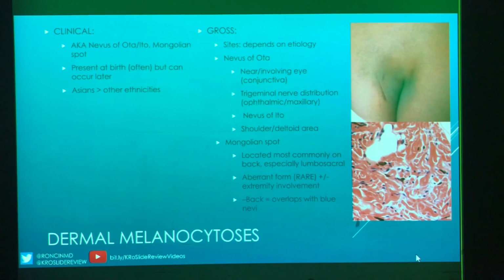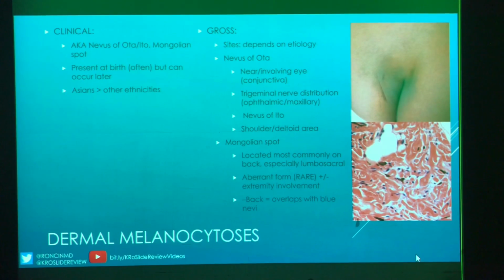So your nevus of Ota involves your conjunctiva of the eye, can also involve the trigeminal nerve. There's the nevus of Ito, which should be pushed out since it's not under nevus of Ota. Nevus of Ito is specific when it involves the shoulder or the deltoid.